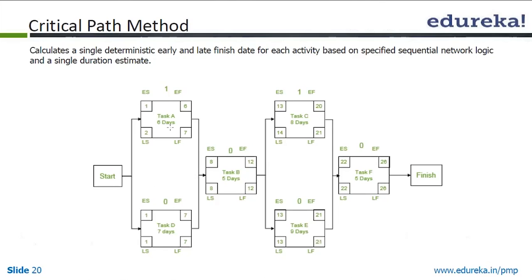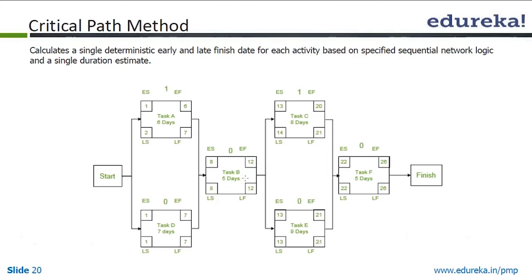So we add 6 to the early start and minus 1 to come to the early finish. So this task will be completed at the end of the 6th day. Similarly, for the parallel task also, we calculate: 6 plus 1 is 7, 7 plus 1 is 8, minus 1 is 7.